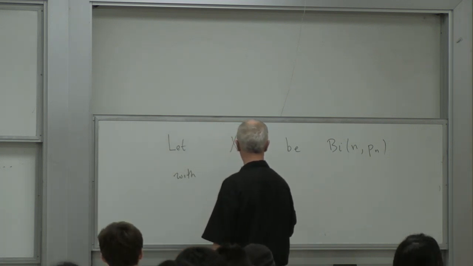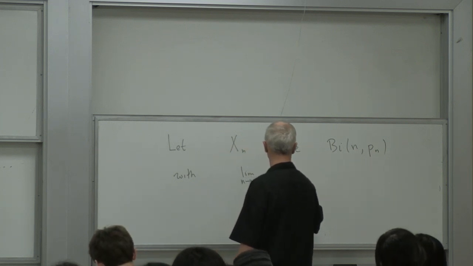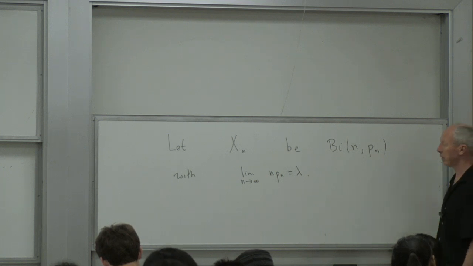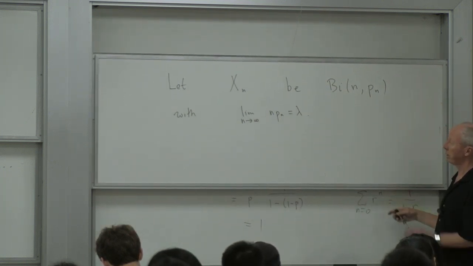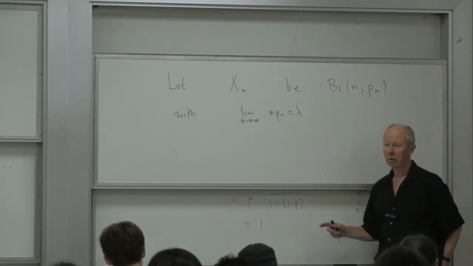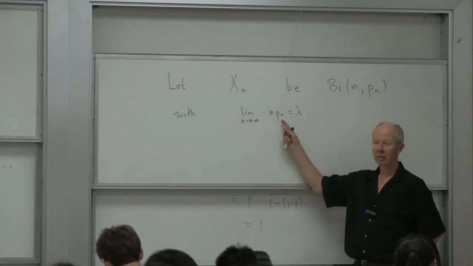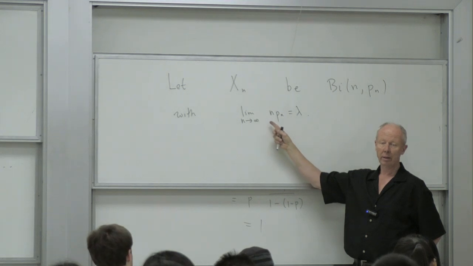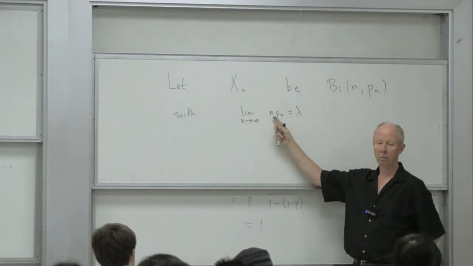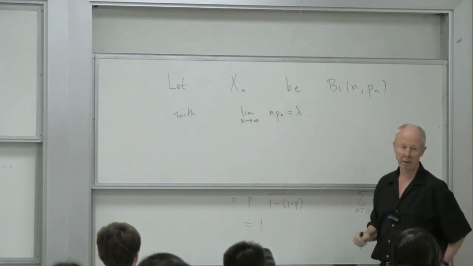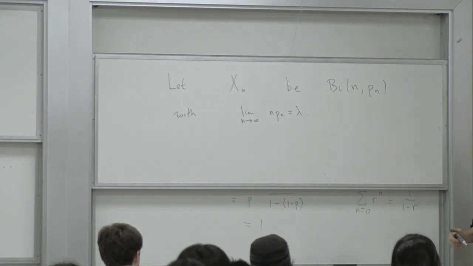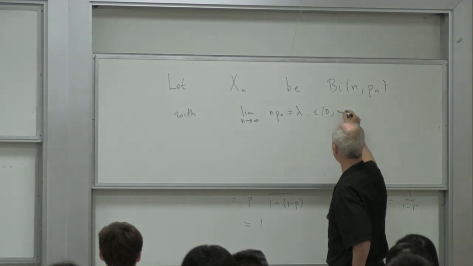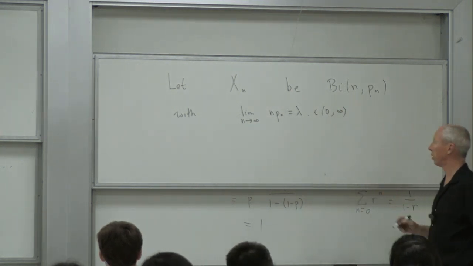And I'm going to assume that the limit as n goes to infinity of n times Pn is lambda. So this is the probability of success on a given trial, and here's the number of trials I'm trying. So n times the probability of success is coming out to be some number lambda, which will be positive, but it won't be infinity.